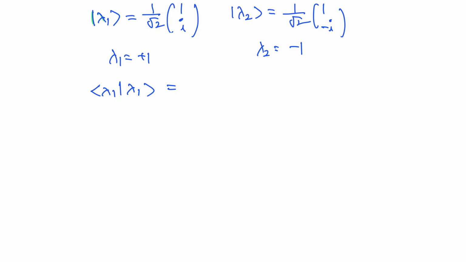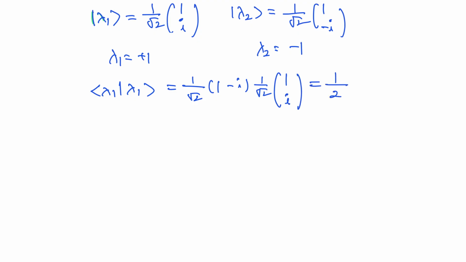What is the inner product between the two vectors? I think this is just a 2 by 1 matrix, so maybe good for a mental exercise. You have to take the complex conjugate when you change the ket vector to a bra vector, right? So this is (1, -i) times (1, i). What do we get?